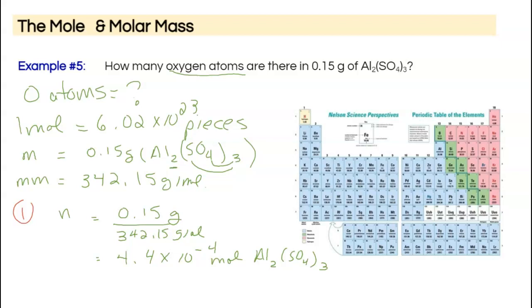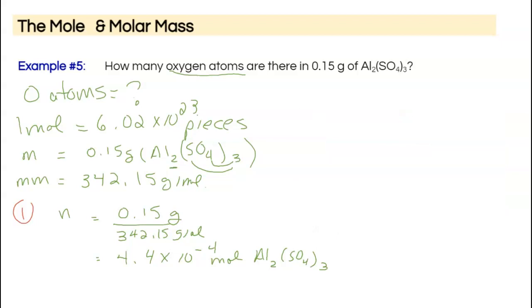I'm going to get rid of this periodic table to give me a little bit more room. So I'm going to take my step 2, and what I'm going to do next is say, well, if I know how many moles of aluminum sulfate I have, I can figure out how many particles of aluminum sulfate I have.